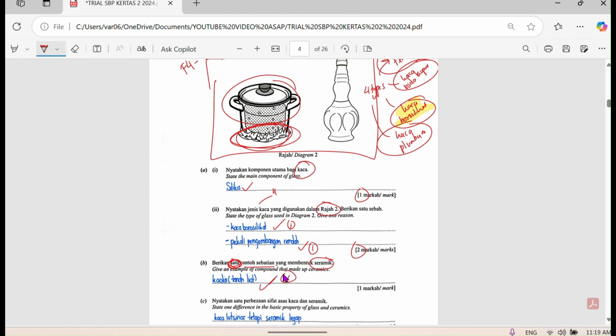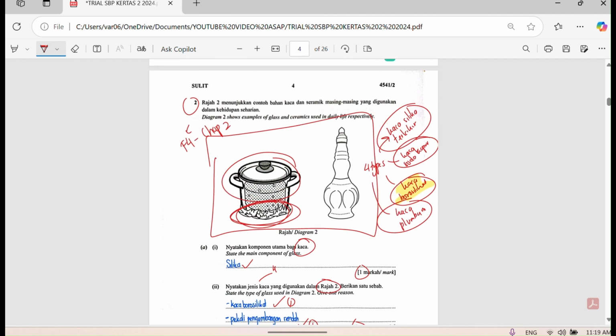Okay? Alright, simple. You see, Form 4 chapter 8 is basically a chapter where it requires you to hafal several things. Like the composition of each kaca, the functions of each kaca, ceramic, what is it made of.